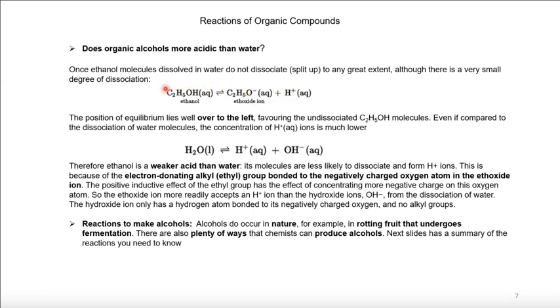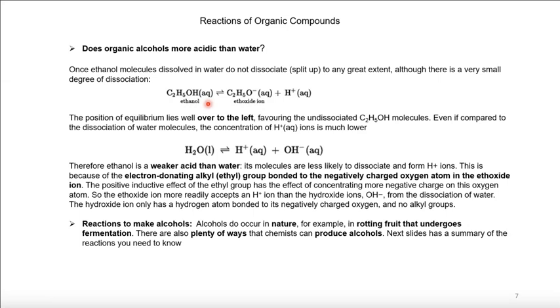The degree of dissociation depends on how strong an acid we get. In this dissociation, the equilibrium lies over to the left. Therefore, we get little dissociation, more undissociated ethanol.